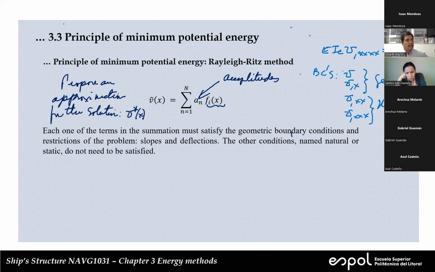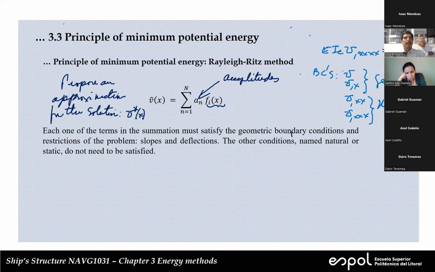Mr. Tenemea, in the simple support, what are the boundary conditions? The deflection and the bending moment are 0, doctor. Yes. And can you say something about the type of boundary conditions?